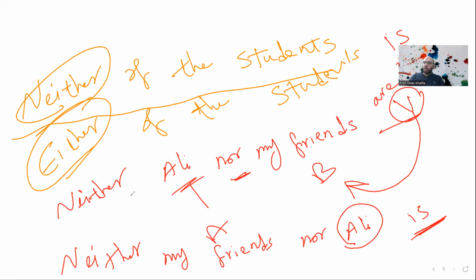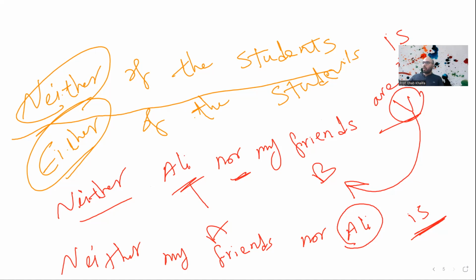That is the rule of neither and either. If you do not see or, nor, you choose singular with neither and either, okay? If you see nor or or, you have two subjects. Subject before, subject after. The verb must agree with the subject after, the nearer to the verb.